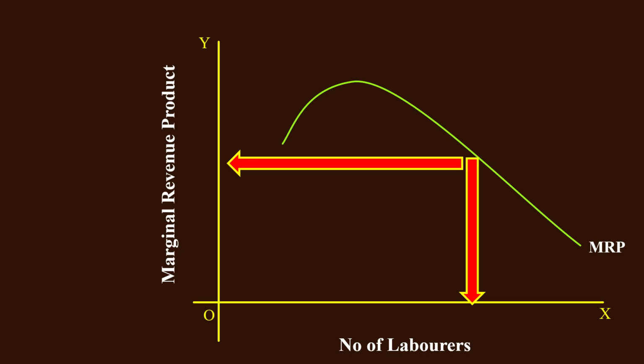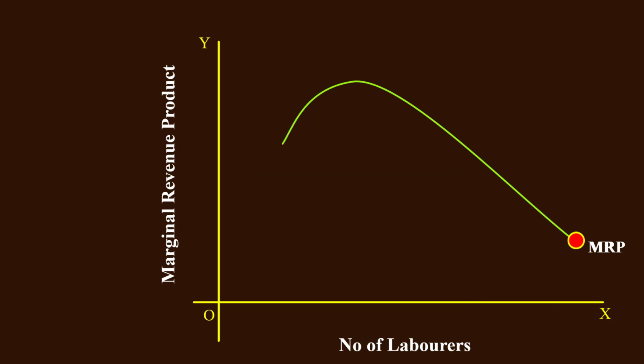It falls after reaching the maximum. A producer operates along the falling part of the curve. The shape of the curve shows that marginal revenue product falls when more and more laborers are employed.